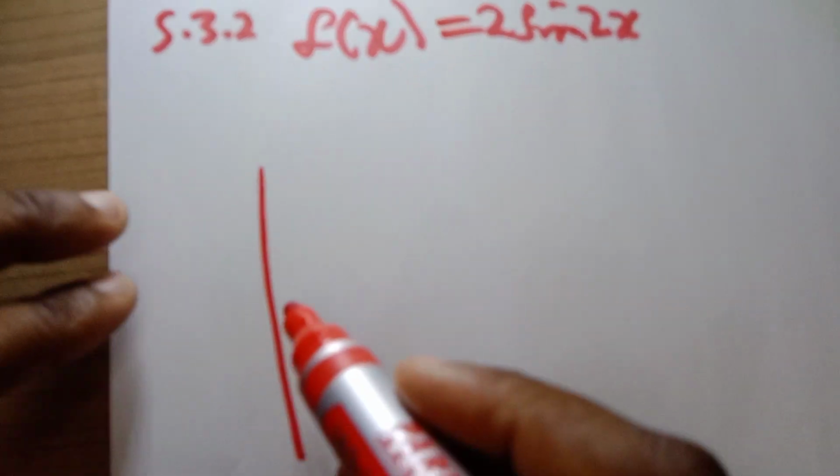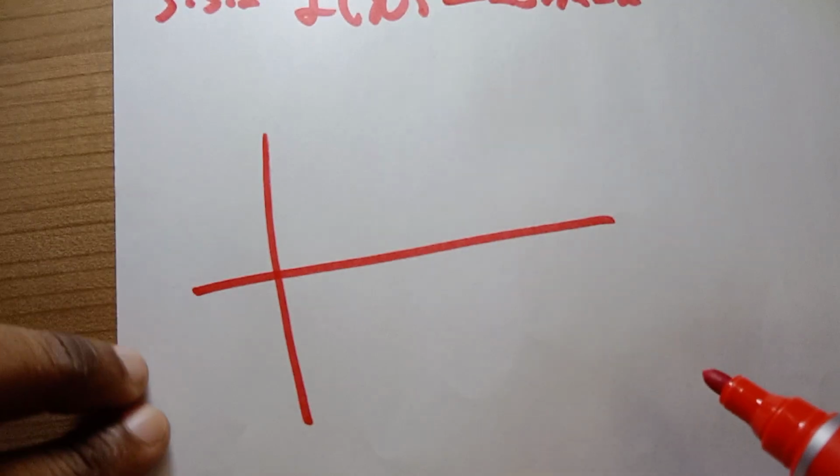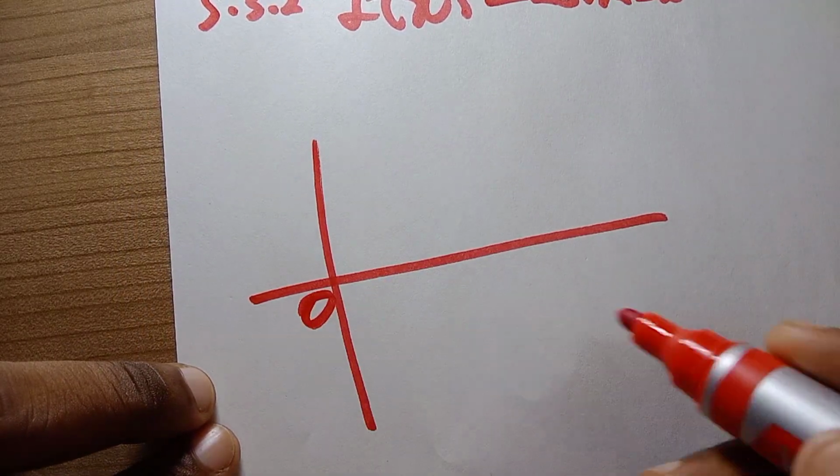Then here we are having our Cartesian plane. Here we are saying it is 0.